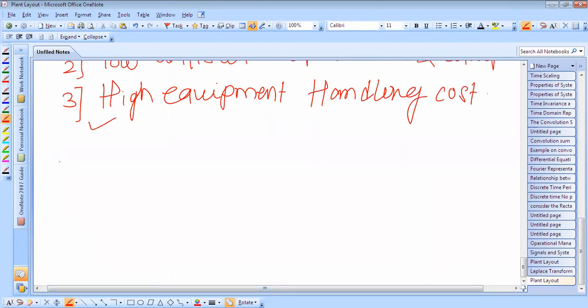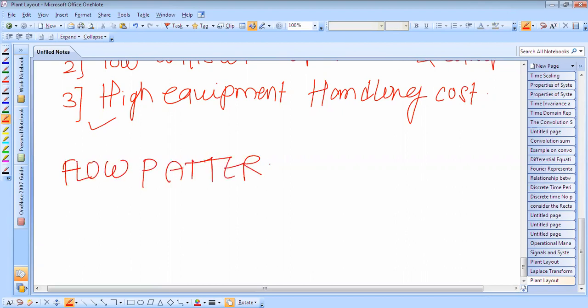Okay, so these are the different types of layouts. We'll now discuss the flow pattern. The flow pattern is one of the most important phases of plant layout.